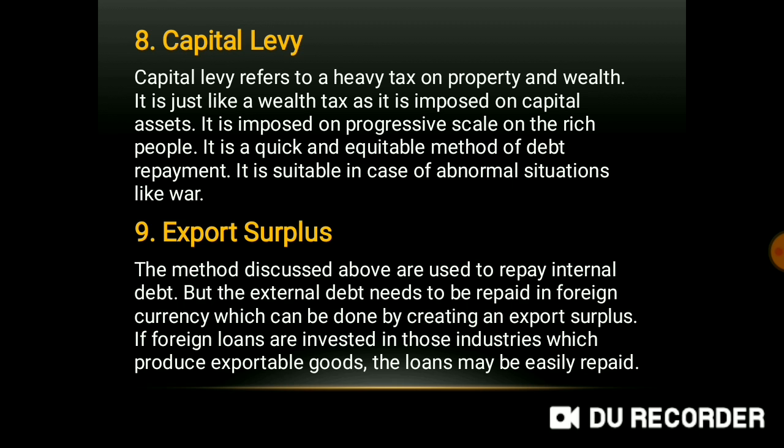So these loans are usually paid by the government whenever the government generates surplus in the foreign trade. That is, whenever the export is more than the import, then obviously there will be more revenue for the government. So that revenue is utilized by the government to pay back its external debt. Understood? So these were the different methods of debt redemption.